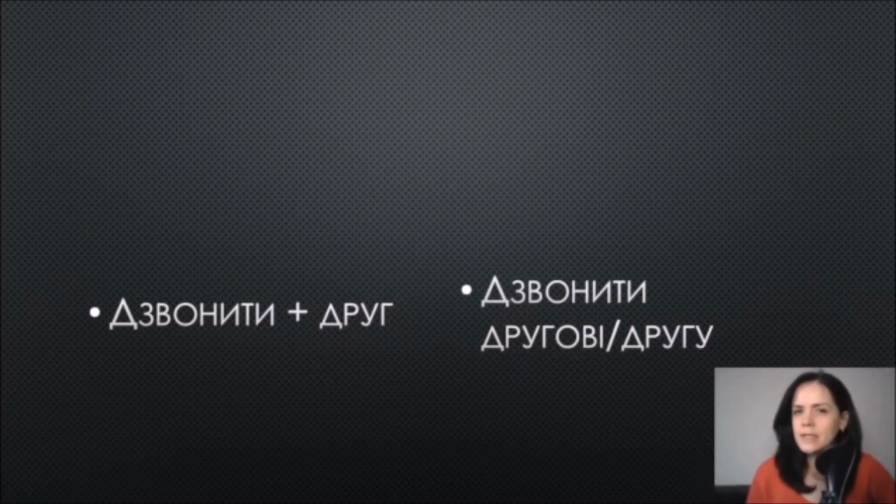The thing is that masculine nouns in dative case can have two parallel endings, ові or у. So you can say другові, you can say другу, and it doesn't really matter which one you choose. They are parallel, which means you can pick whichever one you prefer. Okay? Дзвонити другові, дзвонити другу.